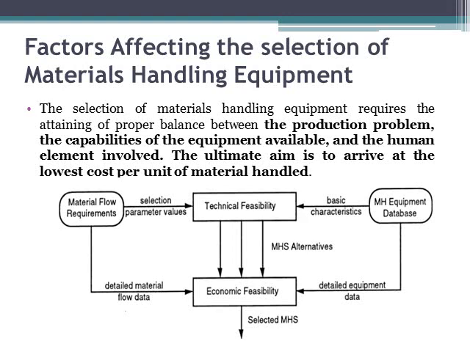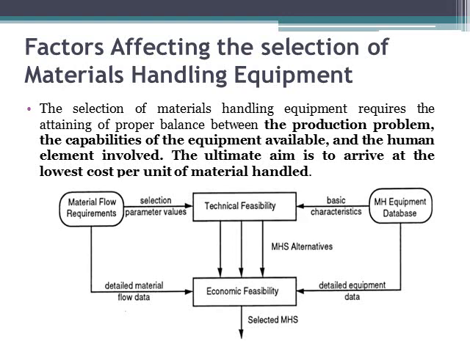While selecting a material handling system, we need to check the production system we are going to use, which equipment is available and its capabilities, and the human power or manpower required for each one. By considering all these parameters, finally we will select the best one, which reduces the material handling cost as low as possible.